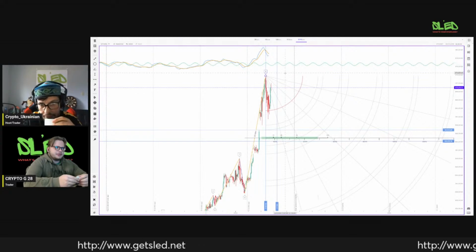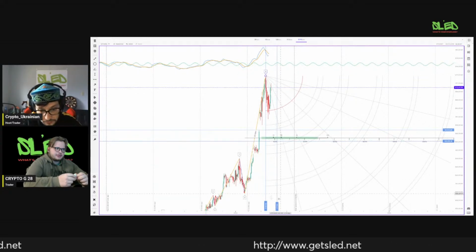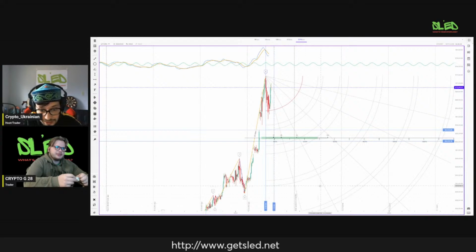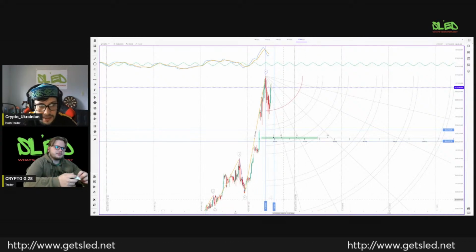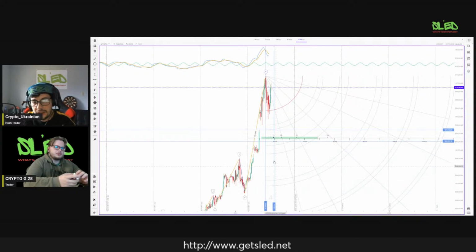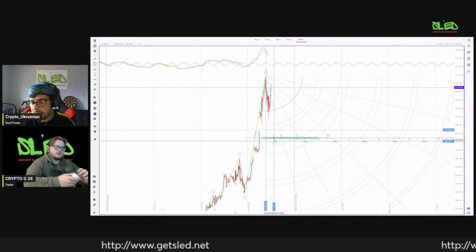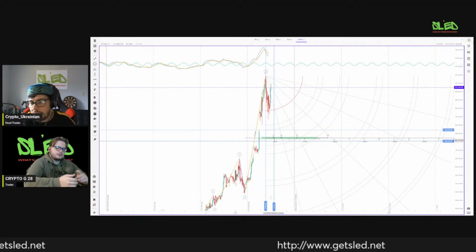I really want to say otherwise, but that's what Gann tells me. Unless in the next 6 days, literally in 6 days, we don't hit a new all-time high, then it's 100% confirmed for a down move. So we do have 6 days to reverse and hit an all-time high.